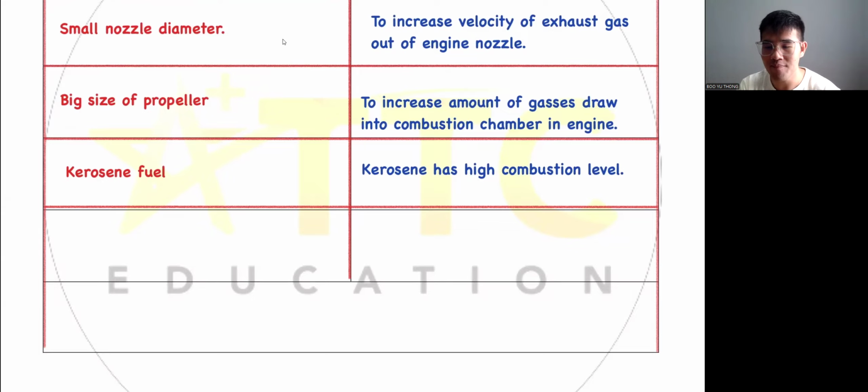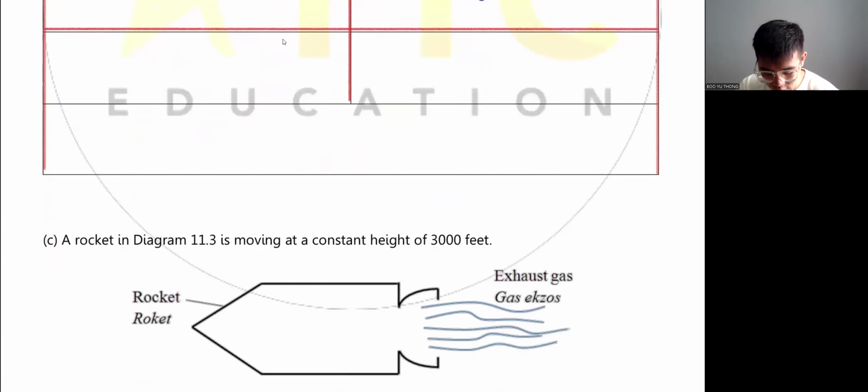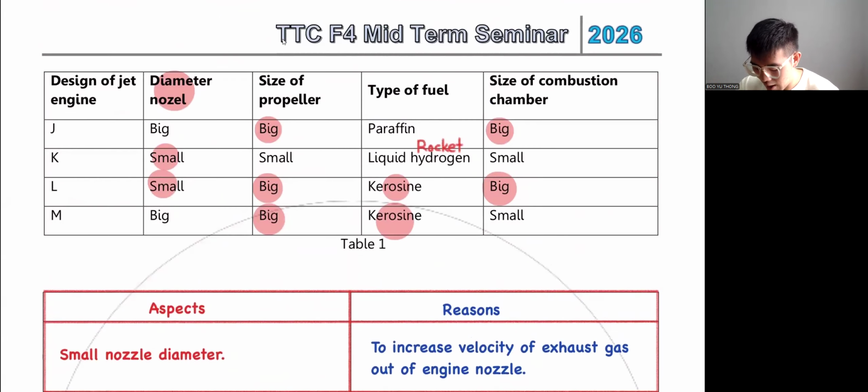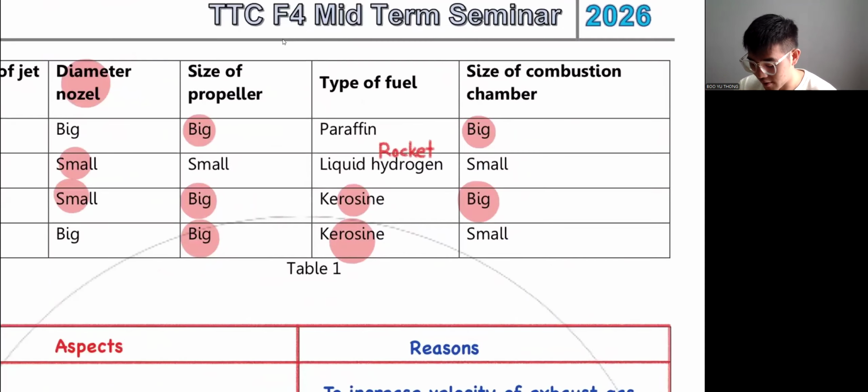So it's like the combustion happens in stages: stage one, burn, finish, then another stage, finish, then another stage, like that. So that's why over here, we want the size of the combustion chamber to be big. And you don't have to think how to write your sentence in point form. You don't even have to write a complete sentence. You just have to think whether it is big or small.